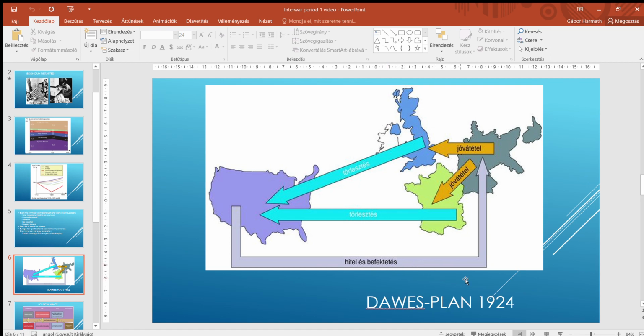And that was, in 1924, a fantastic plan, the Dawes Plan. Charles Dawes was a fantastic economist, so he understood how economic relations worked in the world, so they believed that the whole situation can be saved in a way. The USA has capital. They are rich.